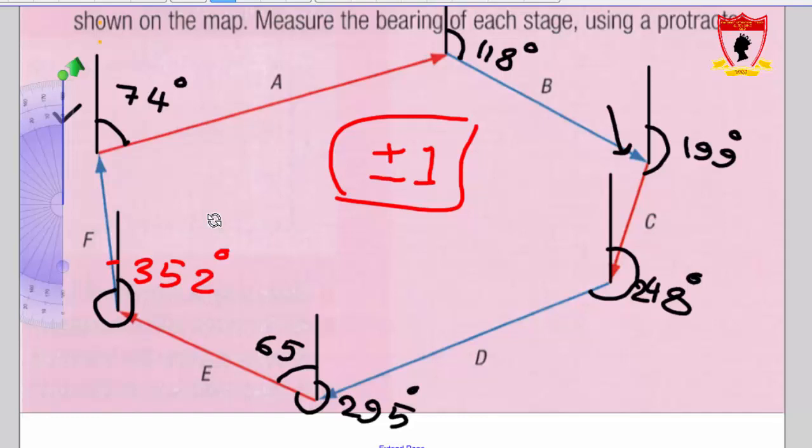For example, I got this angle as 248, you might get 249, it's okay. Or this angle I got as 295, it's okay if you get 294. Or this angle I got as 199, it's okay if you get 198, because it's measuring, not calculating.